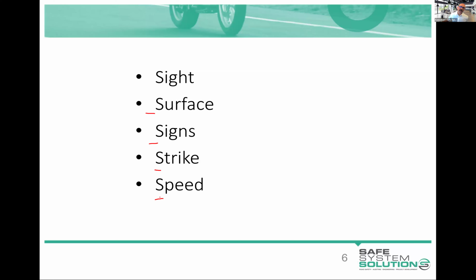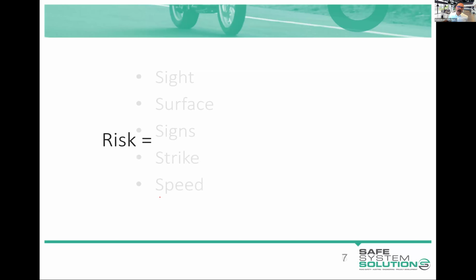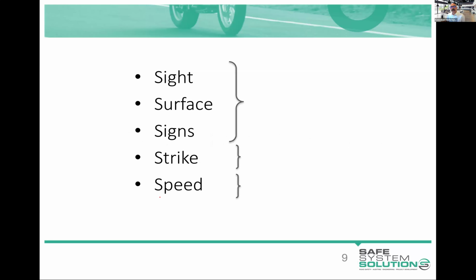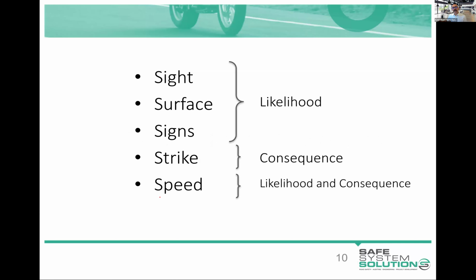And if we look at those five S's, and we go back to our understanding of risk, which, remember, road safety audit is a risk assessment as such, we need to understand the likelihood of a crash and the consequence or the severity of a crash. When we take those five S's, we can say sight, surface, and signs are all going to impact on the chance a crash happens for a rider.